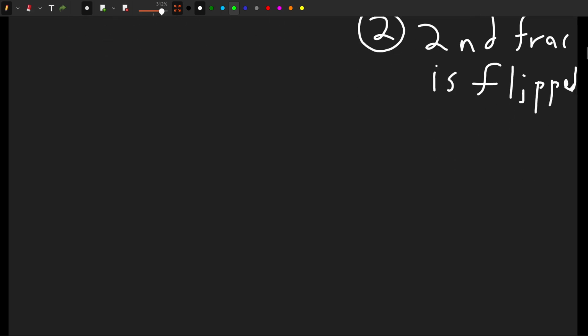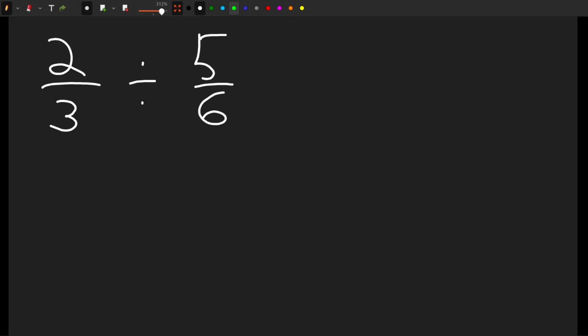Okay. So for division, we'll have these examples, and I'm going to give myself a little bit more room. I'm going to have 2/3 divided by 5/6. That'll be the first one.